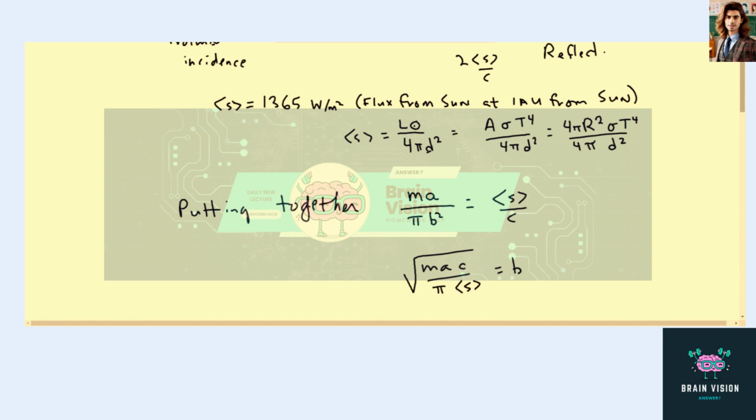And use the numbers given. And check the units that it does come out to be in meters. That's not too hard to do, but we'll use all SI units.